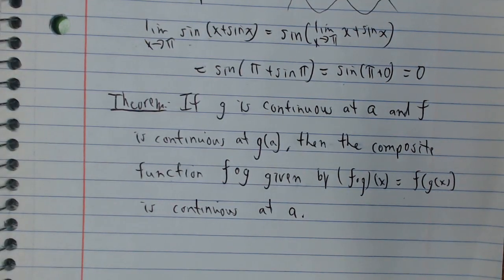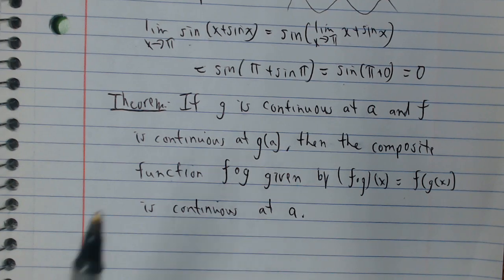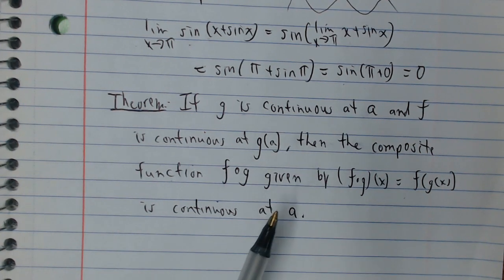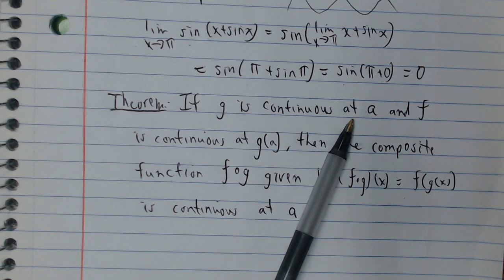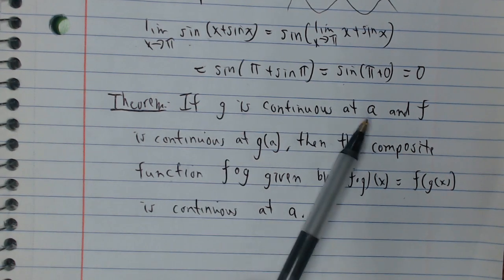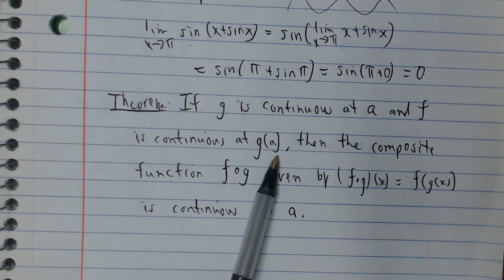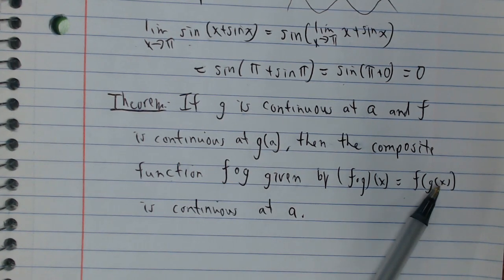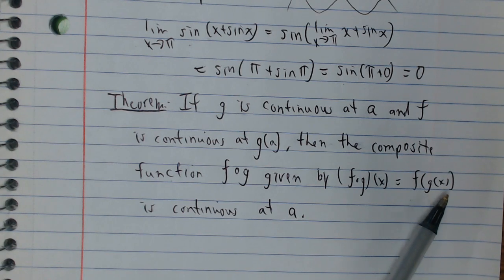So basically what we're saying is we can use direct substitution right away as long as this composite is continuous. So here's what we're saying. Look, if g is continuous at a, what does that mean? Then to find the limit, I could just plug a into g, which gives me an output of g of a. But then the question is, what happens to f at g of a? Because remember, to get to f, I first need to go through g first.